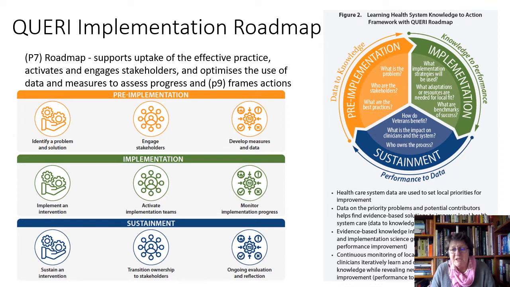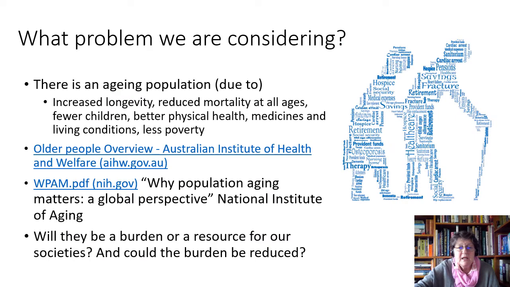So what they've done is talk about how, from data to knowledge, knowledge to performance, performance to data, we use that as a circular process that frames our ongoing best efforts. So you can see then what's involved: pre-implementation, implementation, and sustainment phases. So have a look at that.